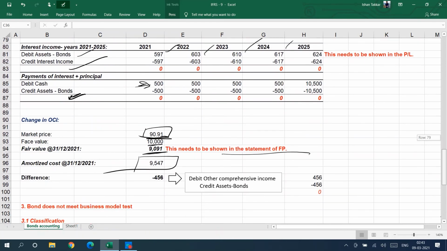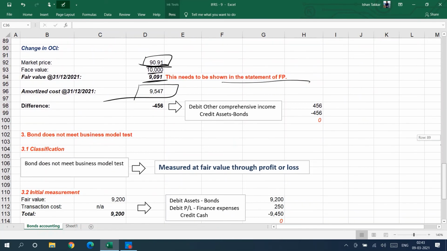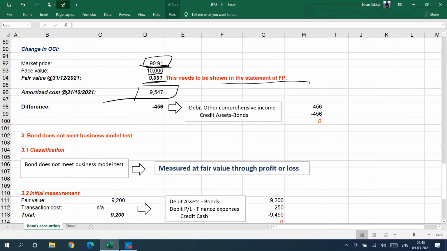So the change in the value is 456. There is a change in your fair value. So you will credit the bond by 456 in the balance sheet. You have the asset as 9547; you will reduce it by 456 rupees and debit.